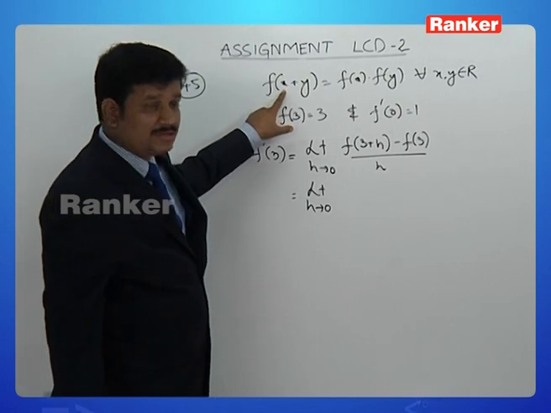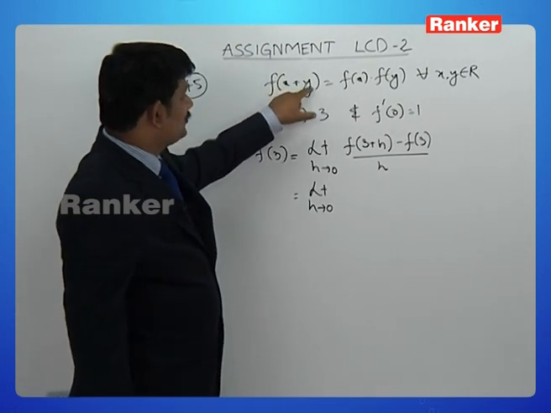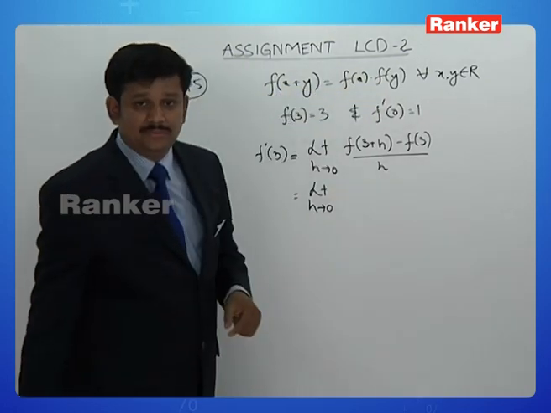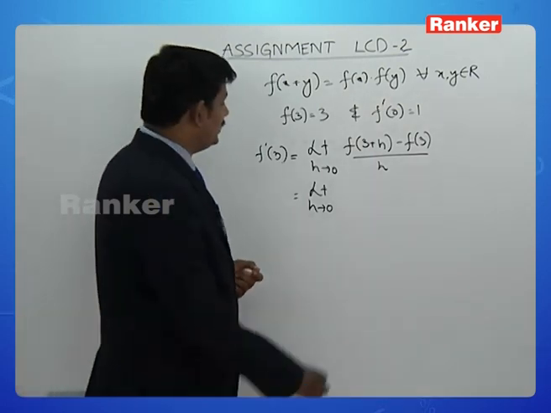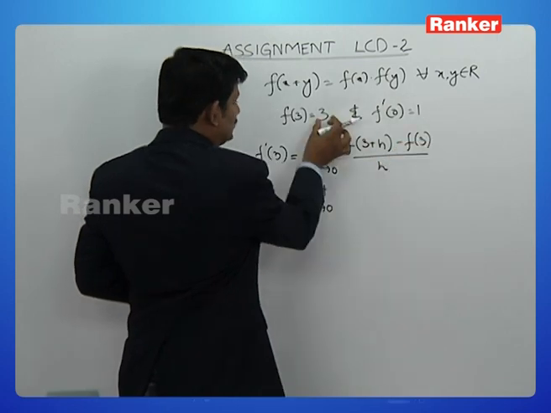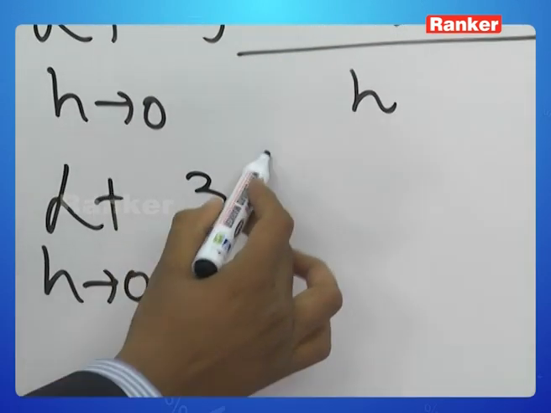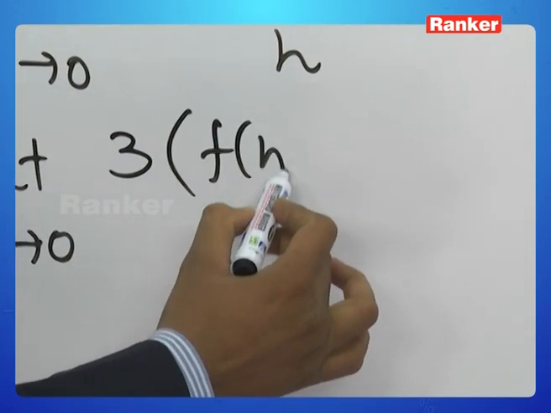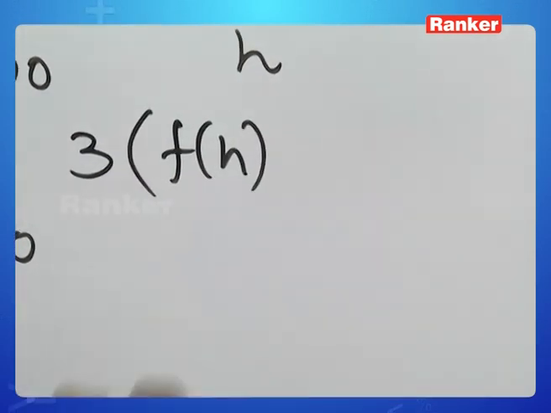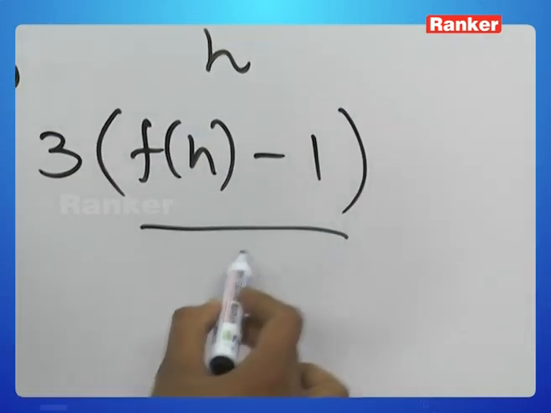Use the functional relation given, f of x plus y is f of x into f of y. So, f of 3 plus h is f of 3 into f of h, and f of 3, which is 3, we can take common, 3 into f of 3 we have taken common. So, we are left with f of h minus 1 divided by h.